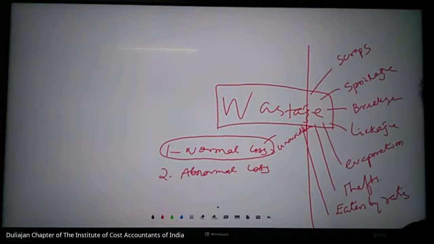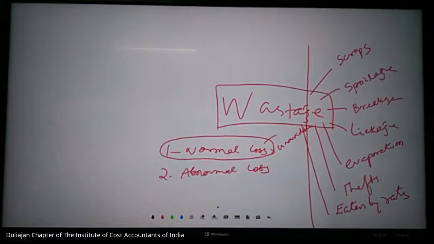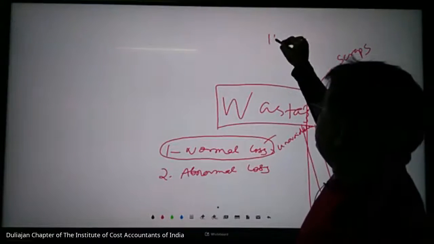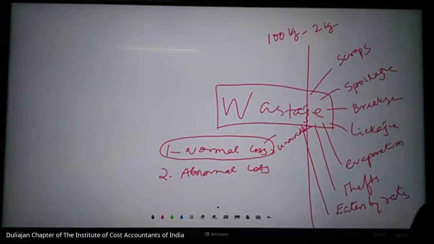Like you are bringing some chemicals from a very distant place which has alcohol, and when you move from one container to another container, some percentage of alcohol loss will take place because it evaporates. So that you cannot avoid. Suppose you buy 100 kgs, you know 2 kgs will be evaporated.